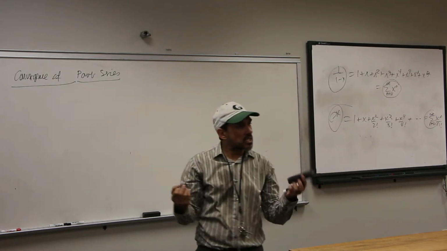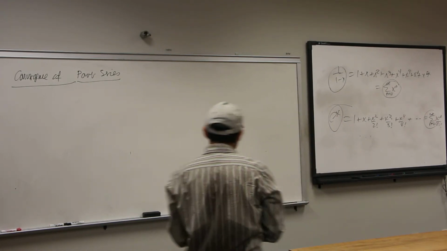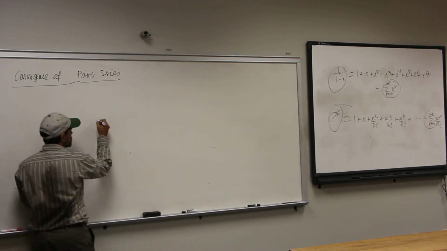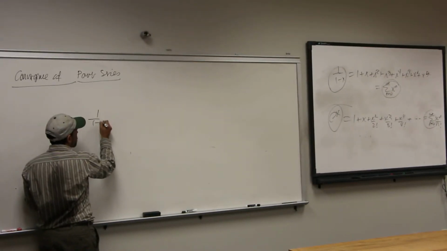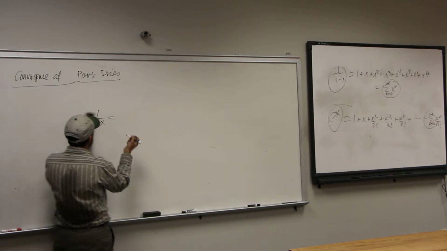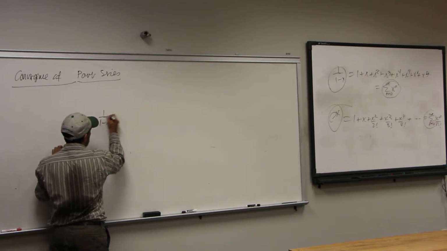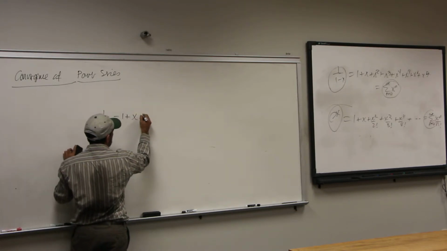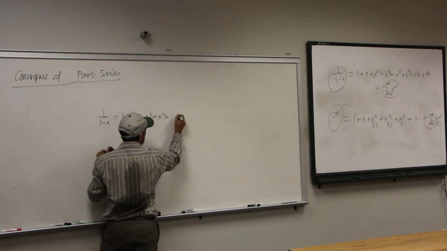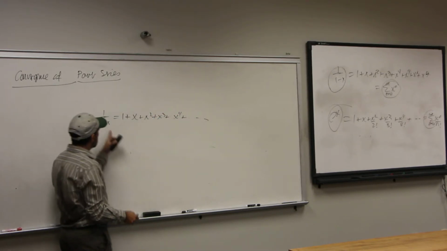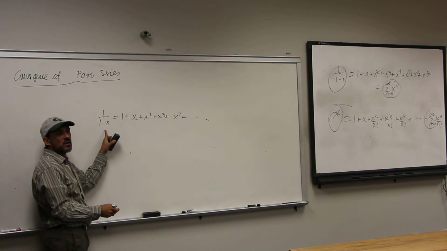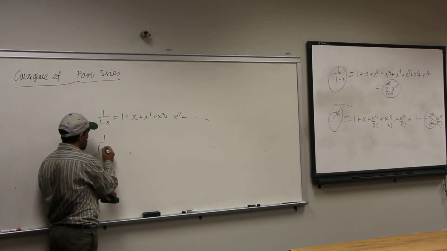So we have an infinite series and we want to know. Let's say we have a series, 1 plus x plus x squared plus x cubed, and so on. If I differentiate this, I'll get 1 over 1 minus x squared.